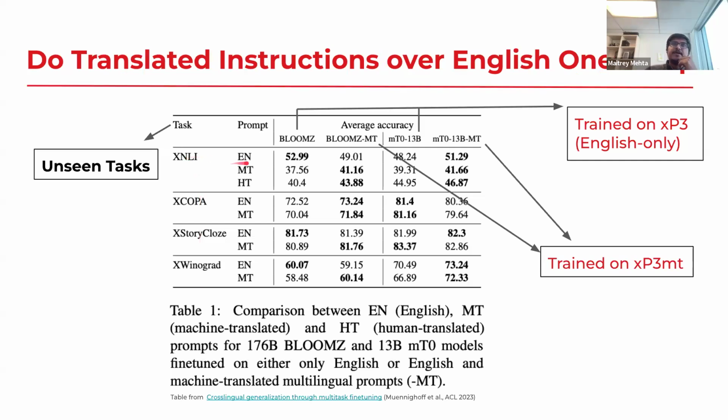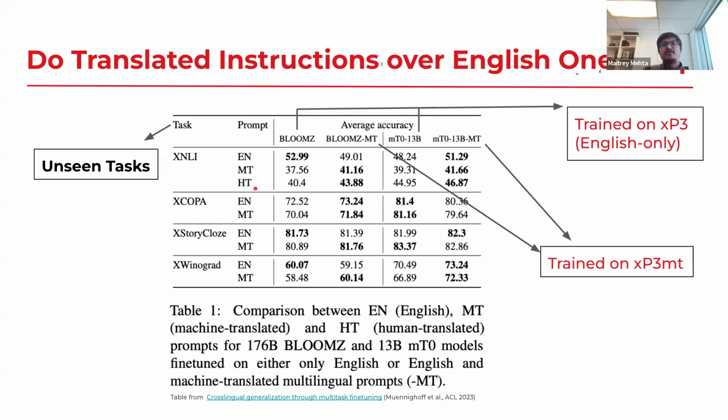But they compared, if your test prompt has English instruction, how does each of these models perform, right? And they did the same for the automatically translated one, and I think the XNLI data had a human translation, manually translated data as well.